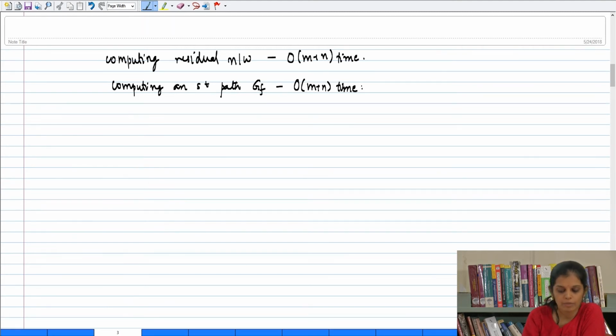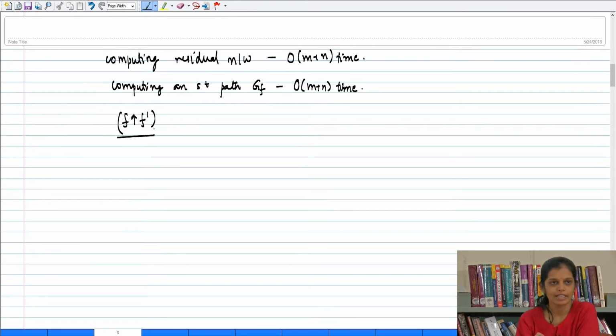Okay, good. Now what is the next step? Once you have computed the ST path, it can be only order n long. I mean, it can only have n edges because it is a simple path, and therefore you have to simply pick the minimum capacity edge on that path, set that to be equal to your flow, which is your f prime, and then do this computation of f augmented with f prime.